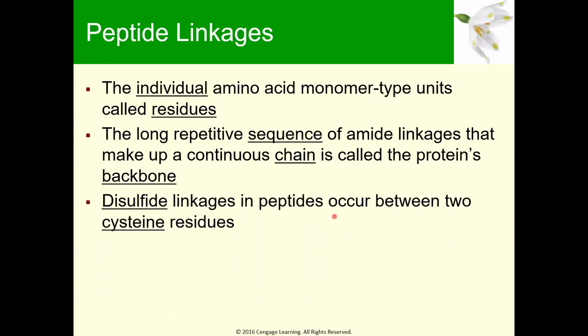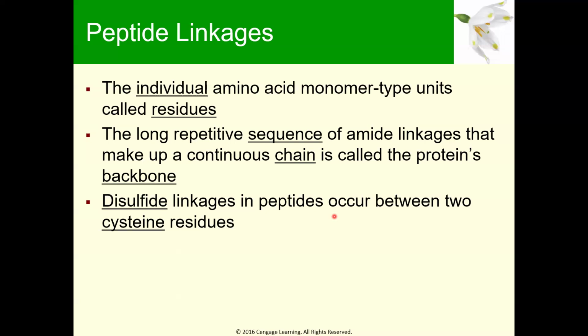In proteins, you'll also see this, and we talked about it before when we talked about thiols: you can produce these disulfide linkages, but it's only with cysteine, which is another one of those amino acids.